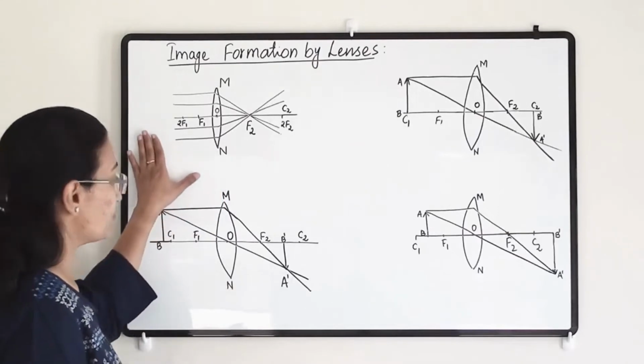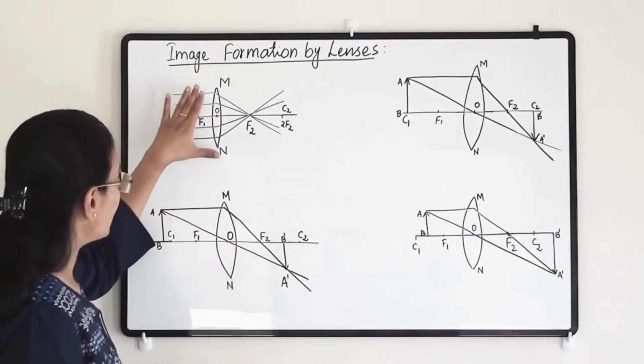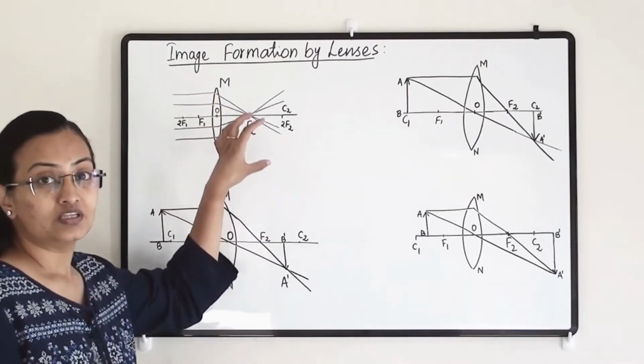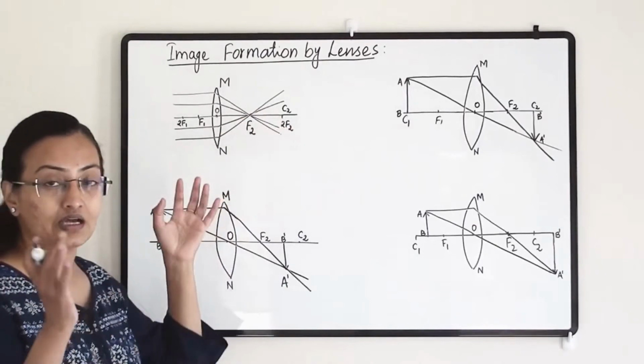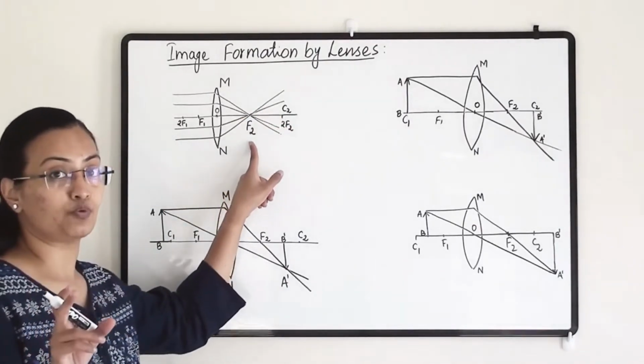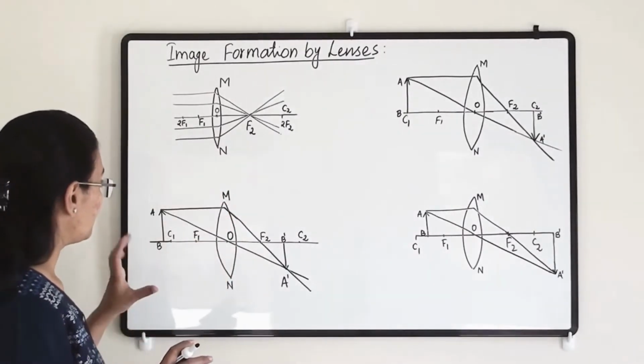So the first case, which we have already discussed in that video: when parallel rays fall on the convex lens, it shows converging action, collecting all the rays at one point, and that point is the focus point of the convex lens. Now the second case.